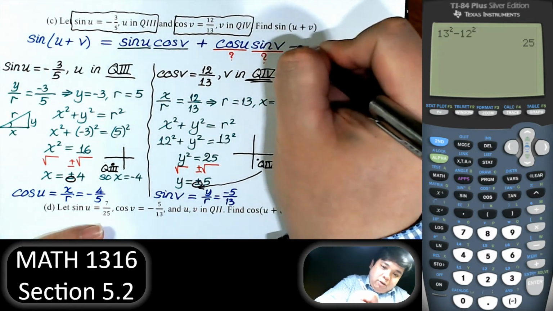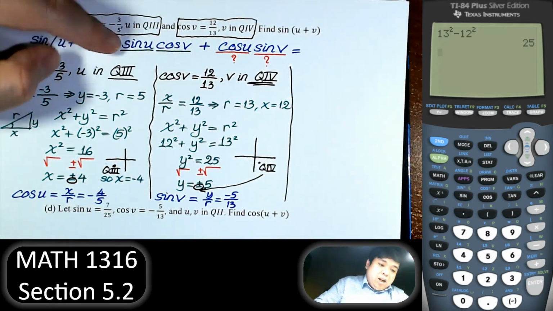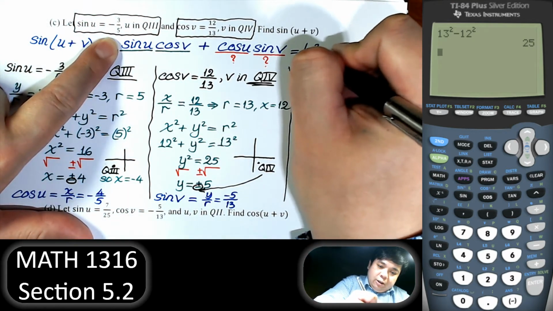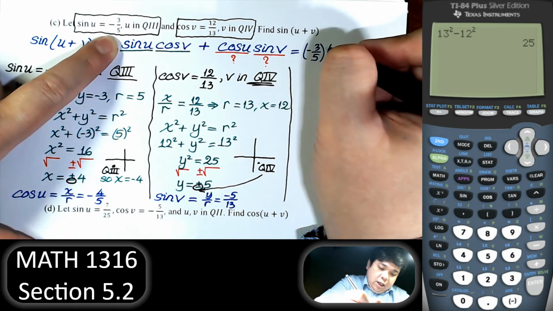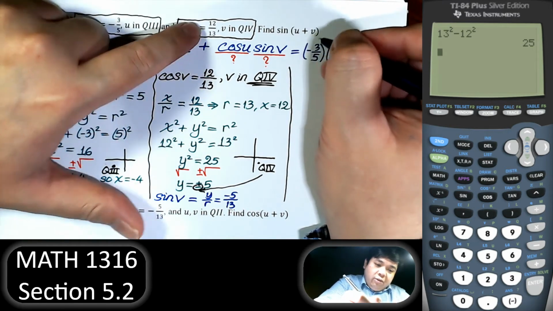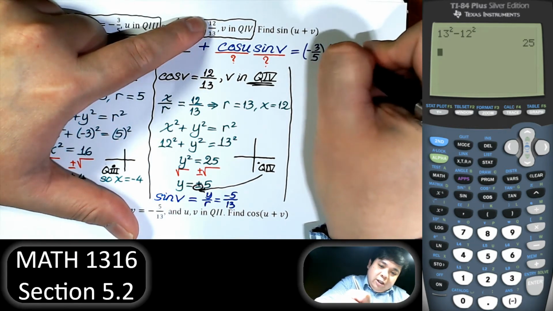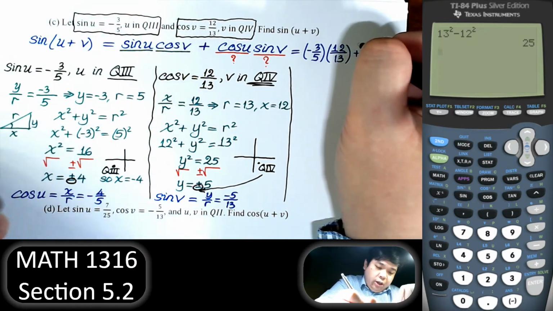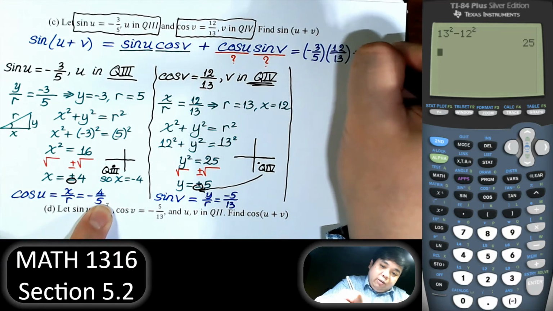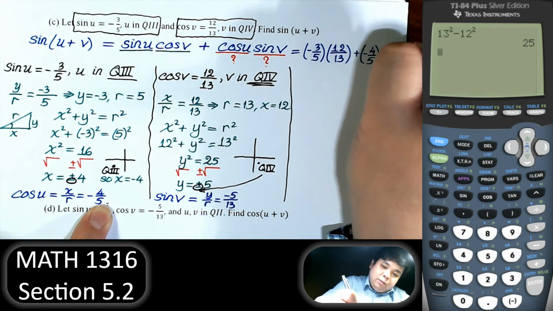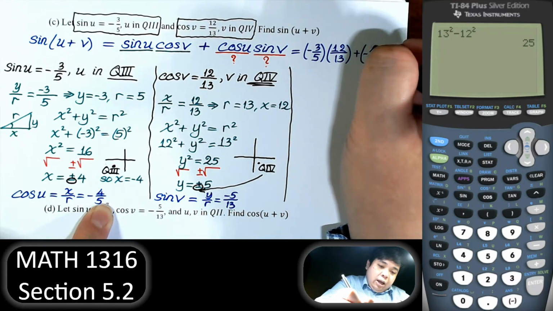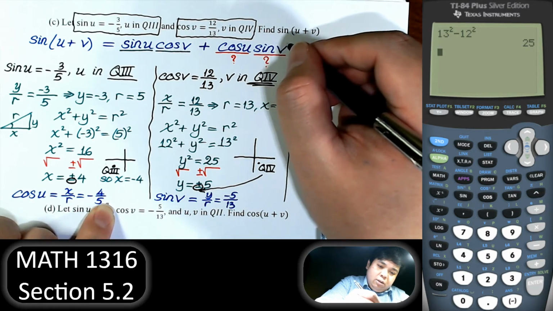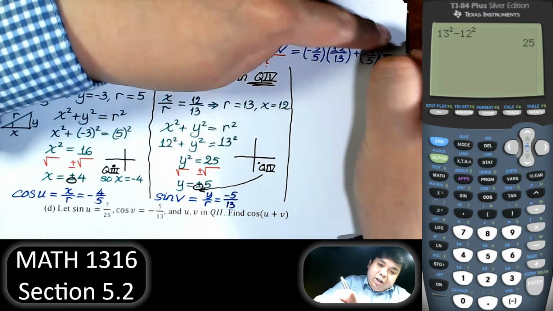And now we'll go back to our problem. Sine of u is negative 3 over 5. Cosine of v is 12 over 13. Cosine of u, we found that, is negative 4/5. And sine v is negative 5 over 13.